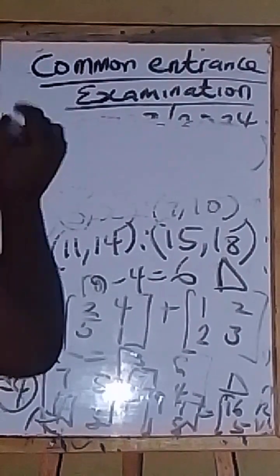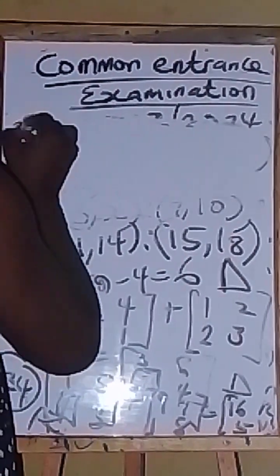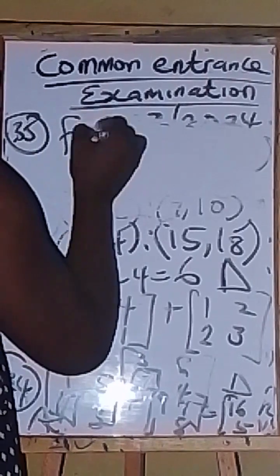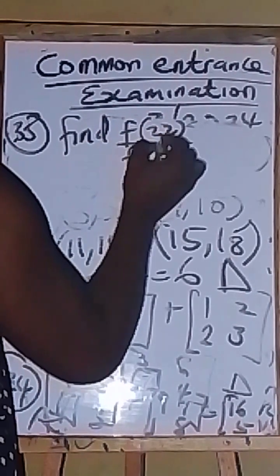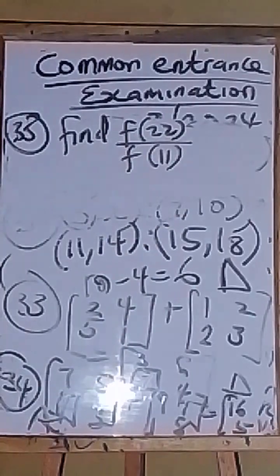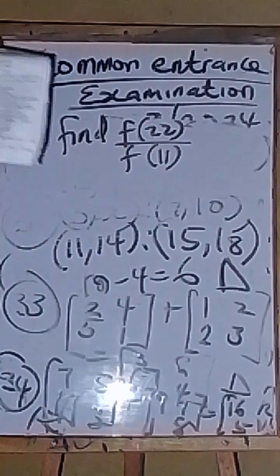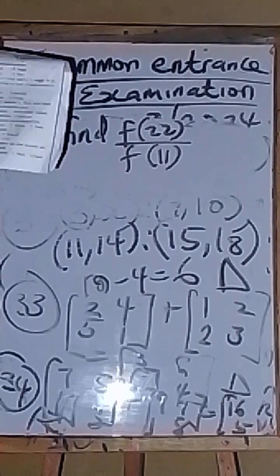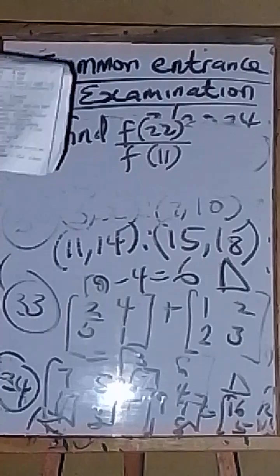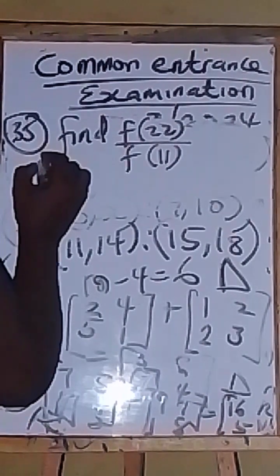The next one, we are asked 35. Find f of 22 over f of 11. f of 1 is 2, f of 0 is 0, f of 3 is 6. How do we go about that?